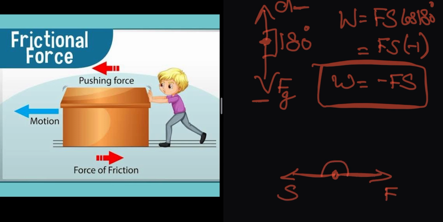So the angle between force and displacement is what? 180 degrees. If it is 180 degrees, students, again the work done will be negative, because cos 180 is nothing but minus 1. So these are the three types of work done which we discussed today.